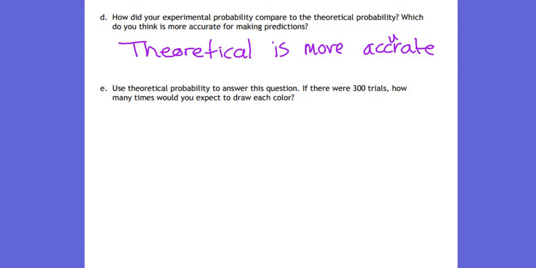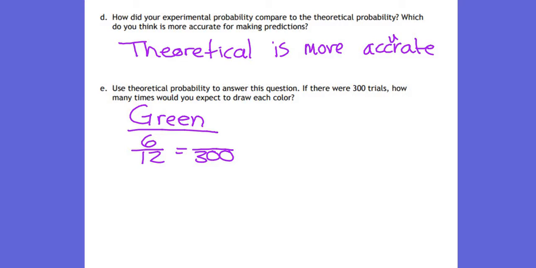Now to see if your predictions on C were correct. Let's look at green first. Green had 6 out of the 12, right? I want to look at something that has a total of 300. Why did I put 300 at the bottom?